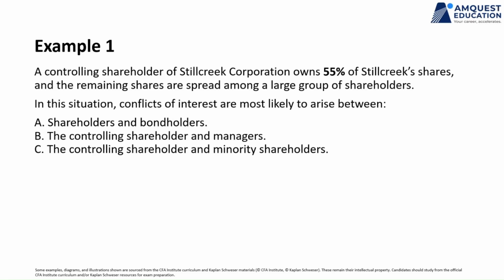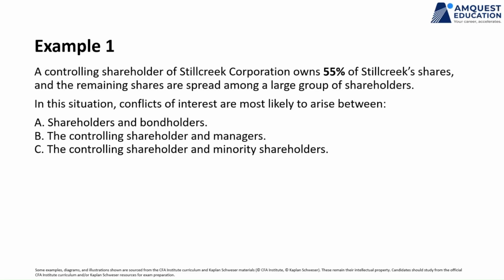So a controlling shareholder of Still Creek Corporation owns 55% of Still Creek's shares, and the remaining shares are spread among a large group of shareholders. In this situation, conflicts of interest are most likely to arise between shareholders and bondholders, the controlling shareholder and managers, the controlling shareholder and minority shareholders.